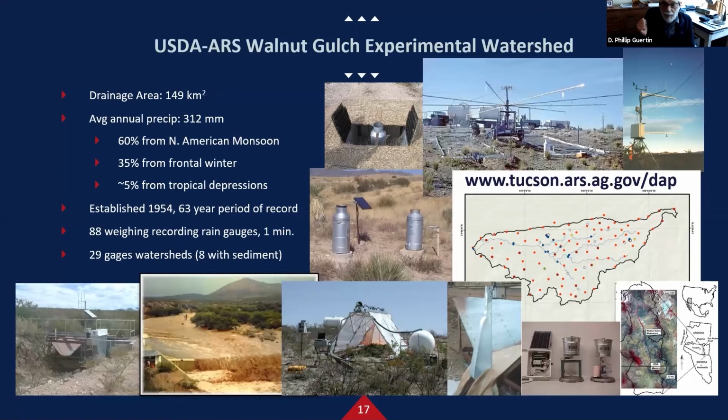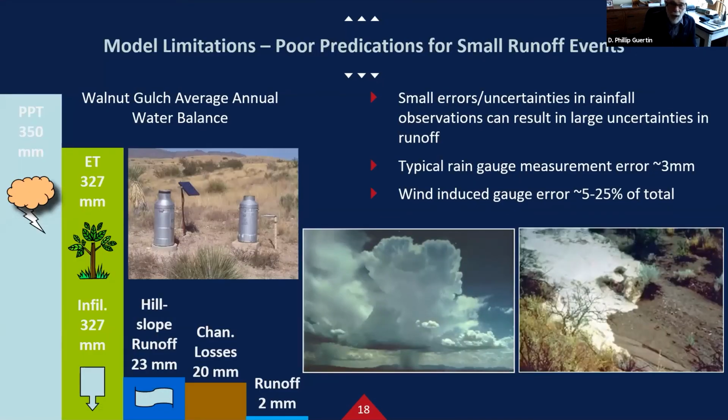Next slide. One of the things that we have to deal with, and this is true in a lot of systems, not just an arid, semi-arid system, is that our runoff to precipitation ratio is relatively small.